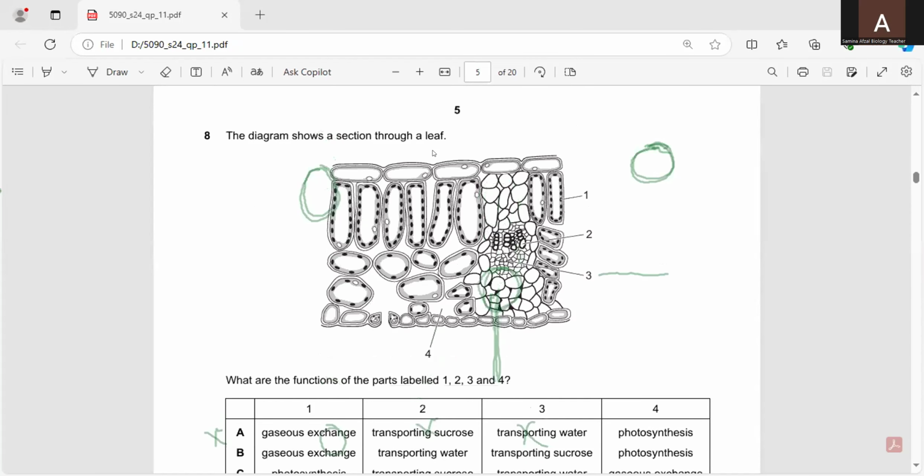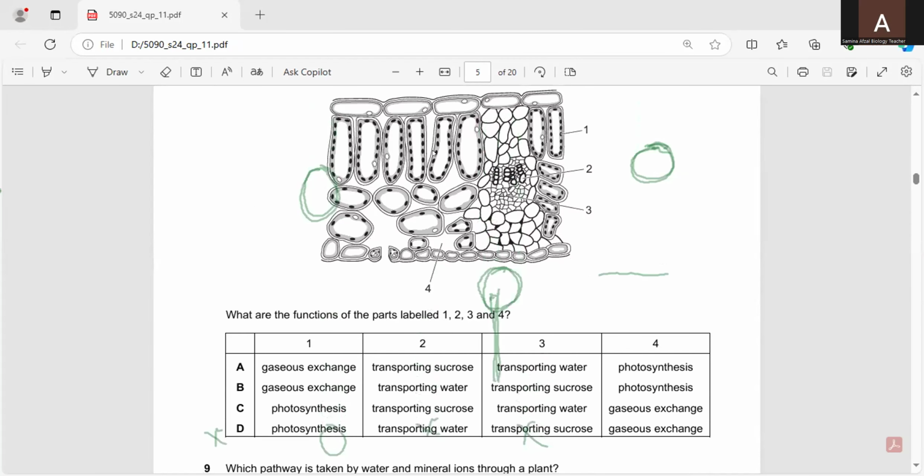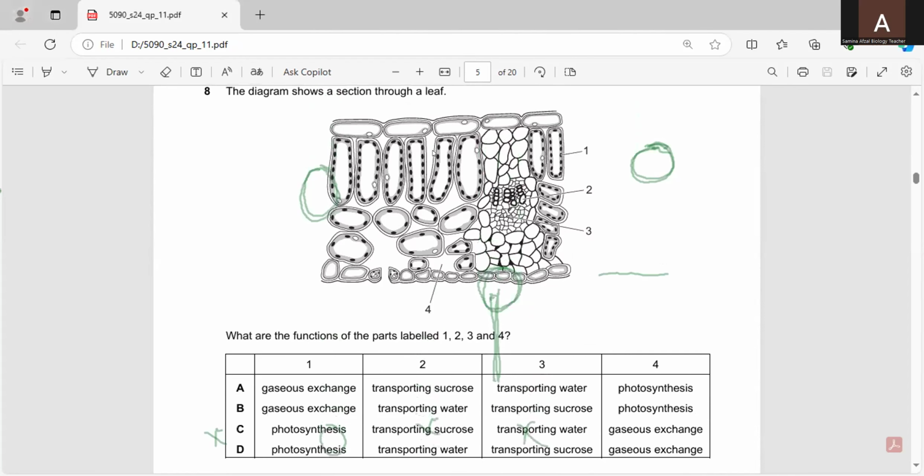Now, question number 8. In question number 8, they have shown us a section through a leaf. You can see four labels, 1, 2, 3, 4, and we need the functions of the parts labeled. First of all, the first part is the palisade mesophyll.